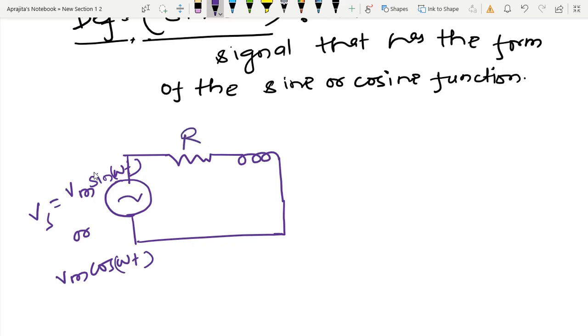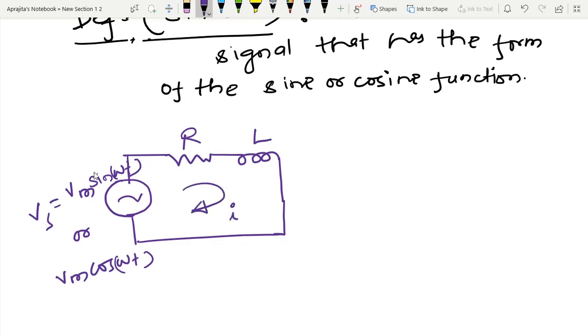And this is our resistance and this is our inductance, and I have some current I. So sine function and cosine function are collectively known as the sinusoid, and one can now define the AC circuit.